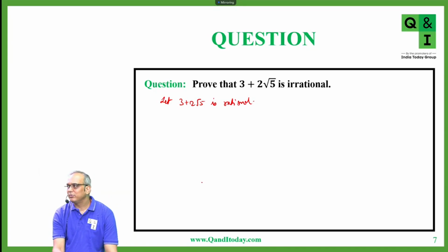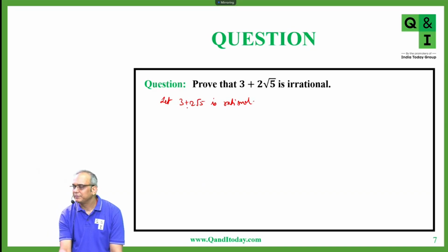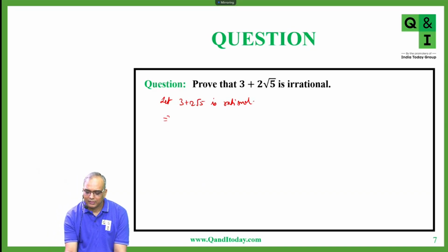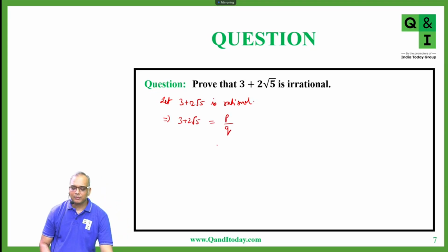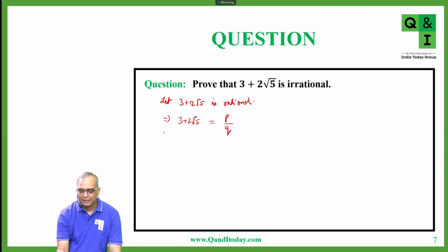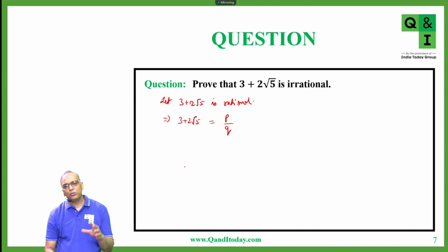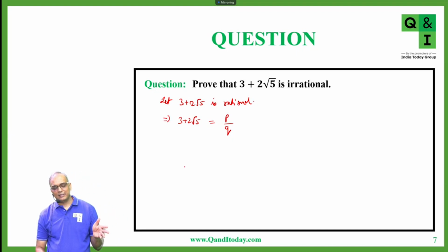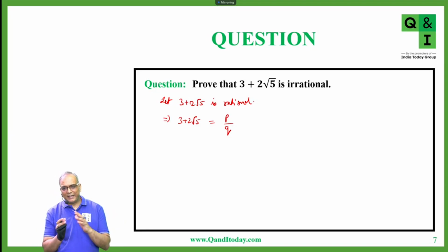Once you have assumed it to be rational, this implies 3 plus 2 root 5 is equal to P by Q because it is rational. Now we know that root 5 is irrational. So we'll separate it on one side and move the rest of the terms to the other side.